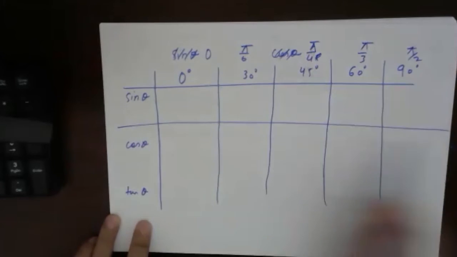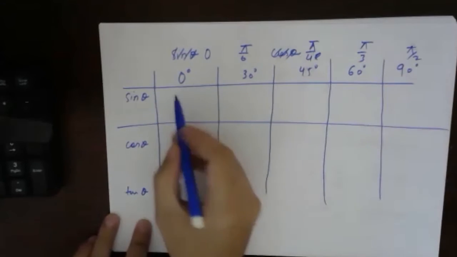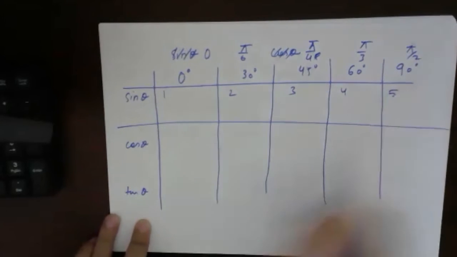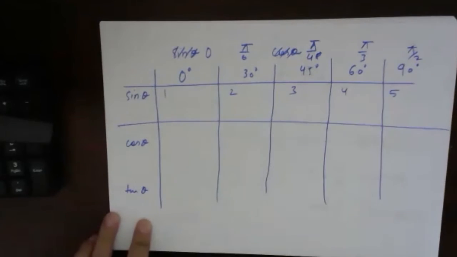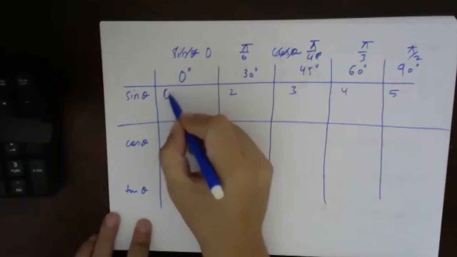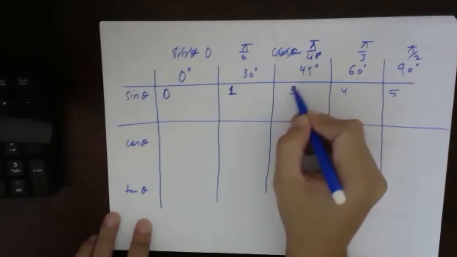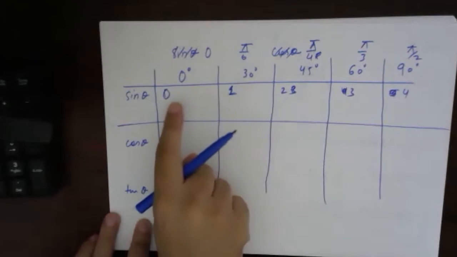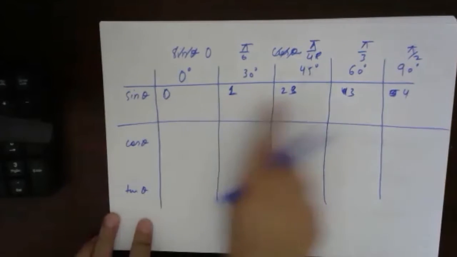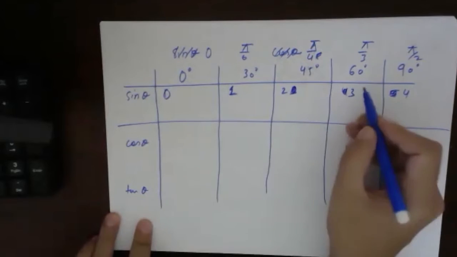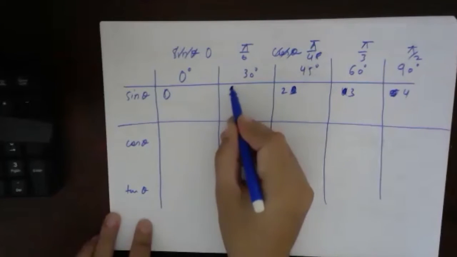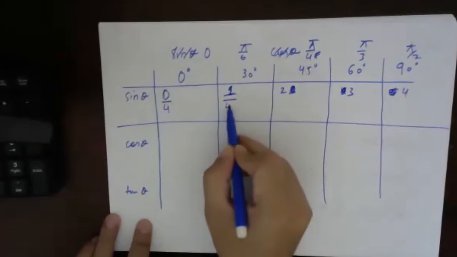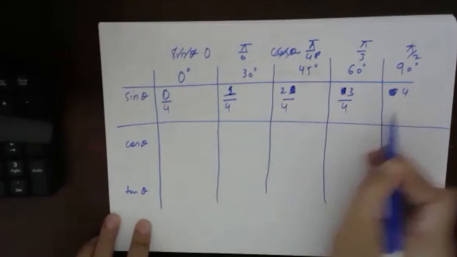The best way to remember this is to write first 0, 1, 2, 3, 4. Then divide everything by 4: 0 by 4, 1 by 4, 2 by 4, 3 by 4, and 4 by 4.